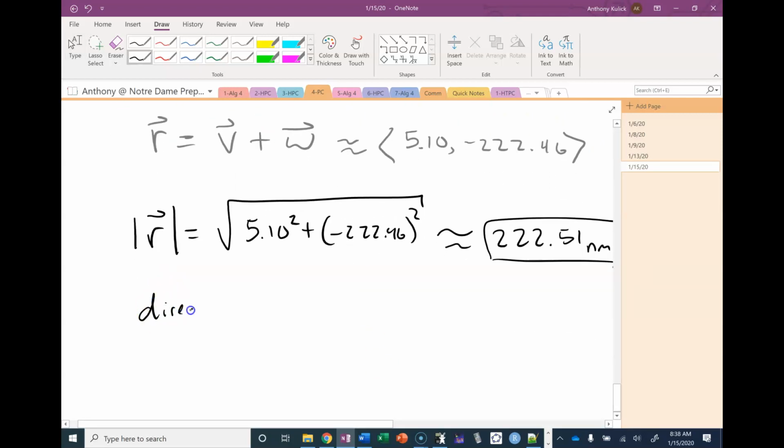Now to find the direction, just like we did before, we're going to draw our picture. So if I go 5 over and negative 200 down, it's going to look something like that. So if I draw my picture, I have 510 on this side and 222.46 on this side.